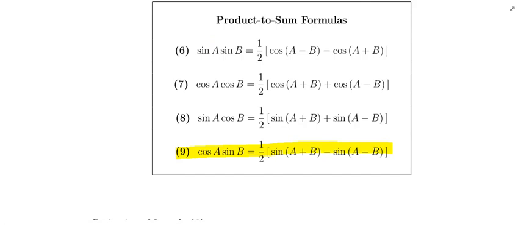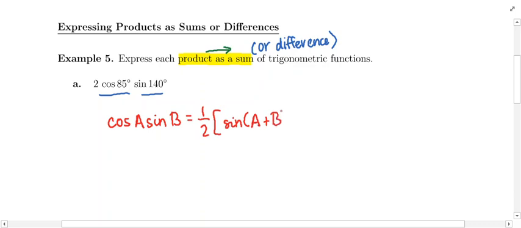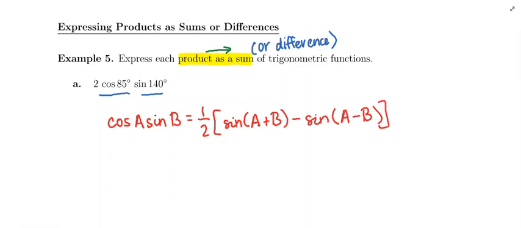So I'm going to go back to my example and write down the identity. The cosine of A times the sine of B is equal to 1/2 times the entire quantity sine of A plus B minus the sine of A minus B. Now we need to match up the expression we've been given to the identity.